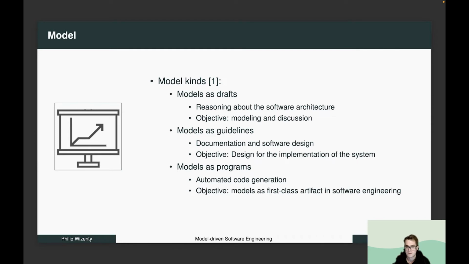Furthermore, models can also function as programs. They provide the possibility, for example, code generation to facilitate the software development process. In this, the models act as first-class artifacts in the software engineering process.